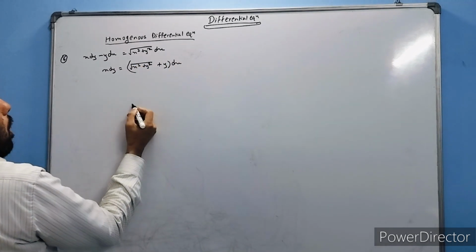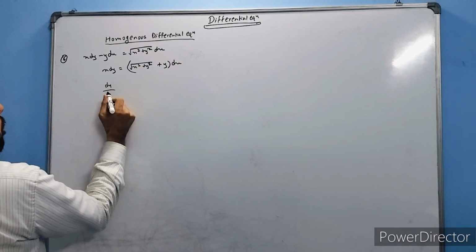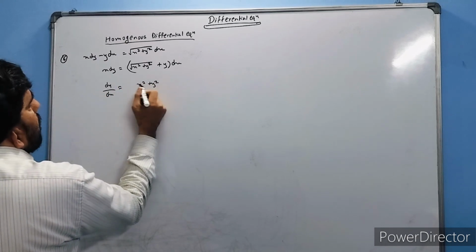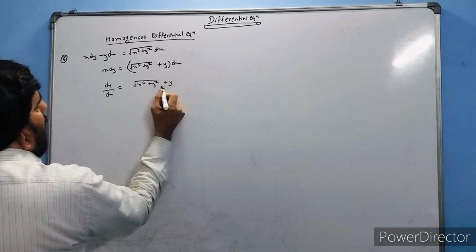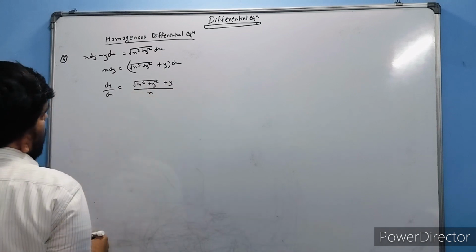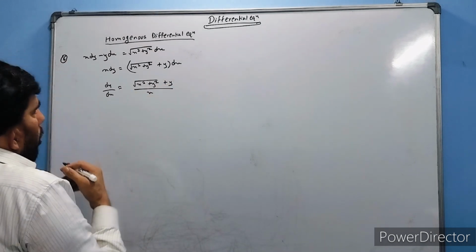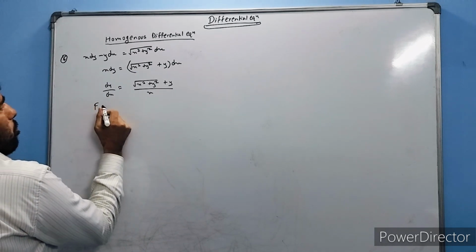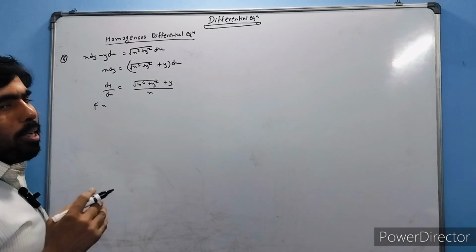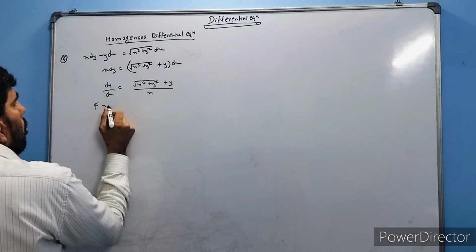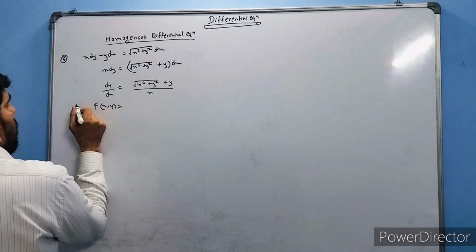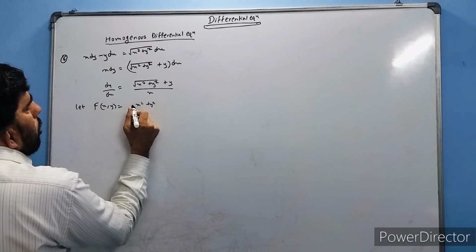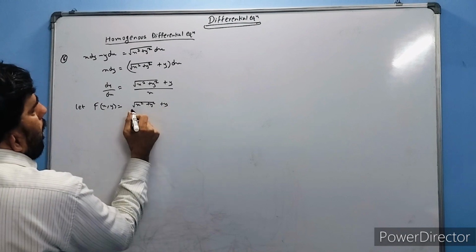So now dy upon dx will be square root of x square plus y square plus y, upon x. Okay, so now we will try to solve this. How? Let us first find whether it is homogeneous or not. So dy by dx is equal to square root of x square plus y square plus y, upon x.